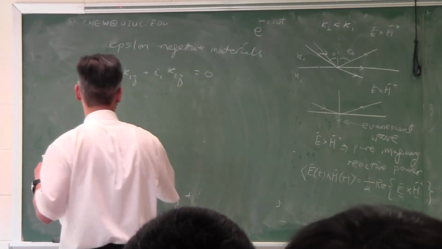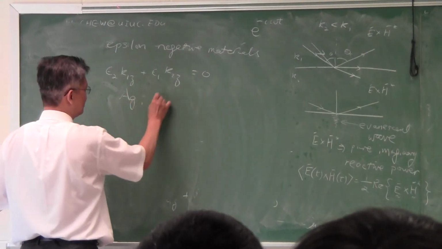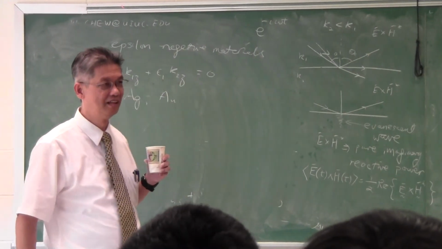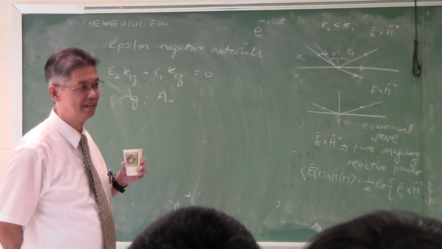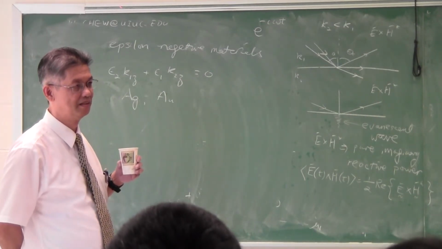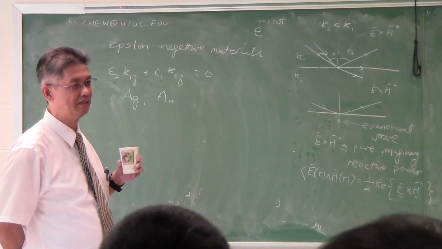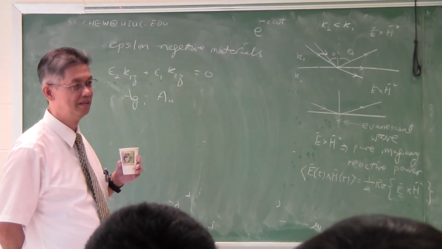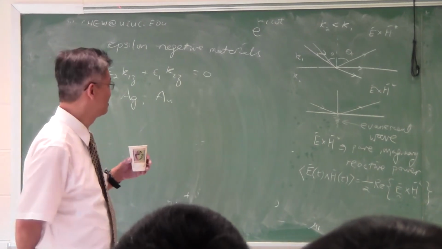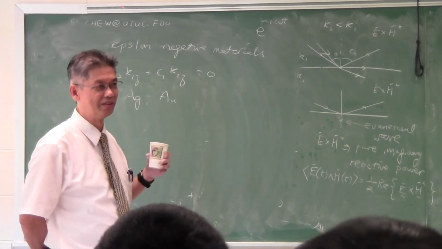Gold and silver. I thought they were complex. They're complex, that's right. So the real part is negative, but you have a lossy term, so the imaginary component is there as well. So the cancellation is not perfect, but quite good.